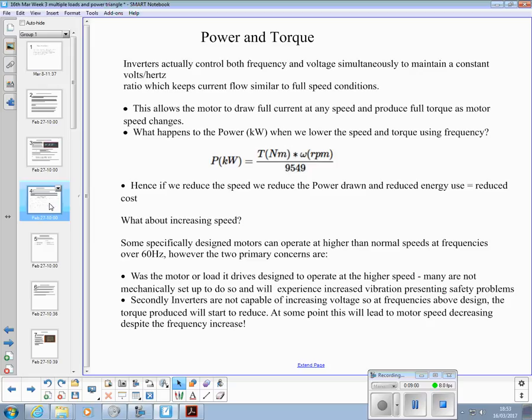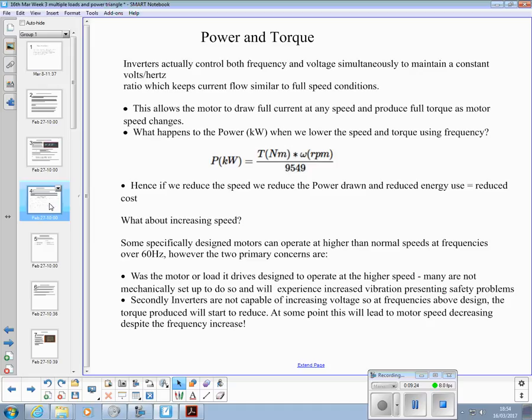Alright. What about increasing speed? So normally these motors run at 50 Hertz. What about increasing it? Well, some specifically designed motors can operate at higher than normal speeds, and I have seen people put these inverters, these little single phase ones, on conveyors up to 100 Hertz and run the damn things double speed. Okay.